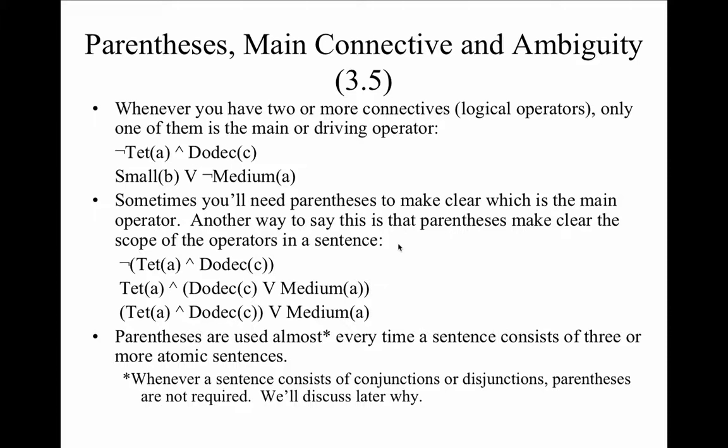So the reading changes depending on where the parentheses are. That should give you a pretty good idea of how parentheses function. There are, of course, more complicated sentences, but the point of this video is to get us started, to give us the most rudimentary ideas that will allow us to make sense of more complicated sentences.